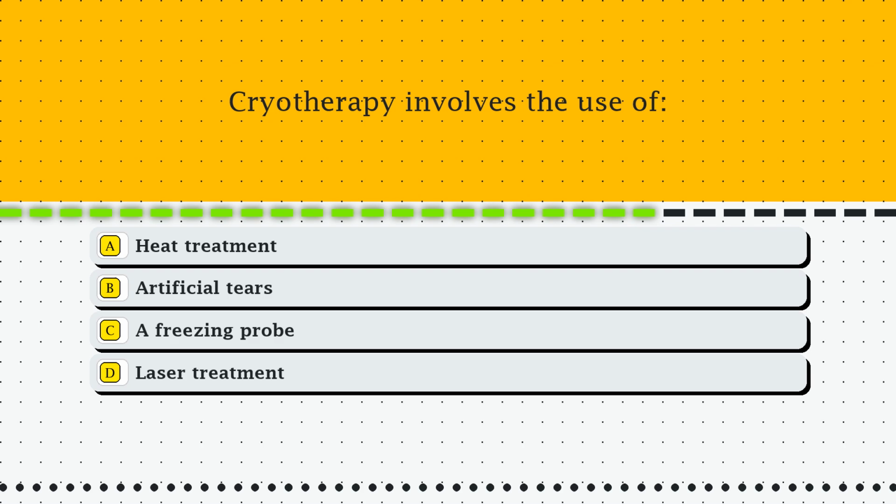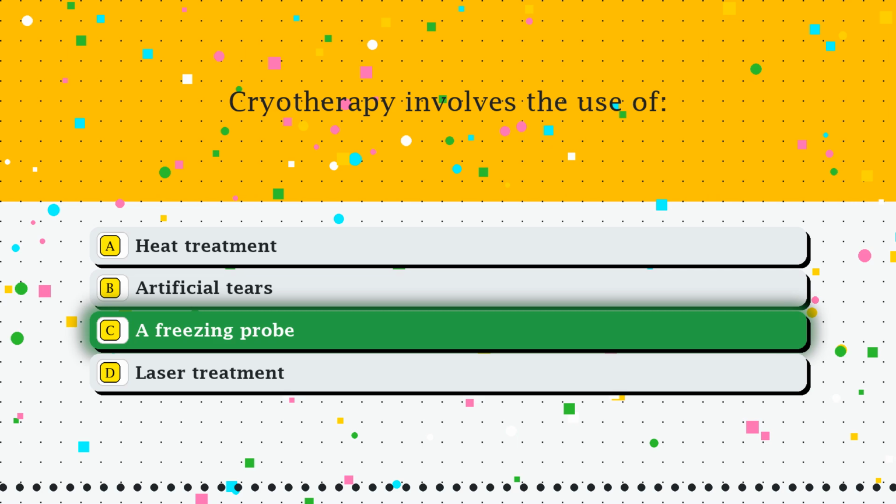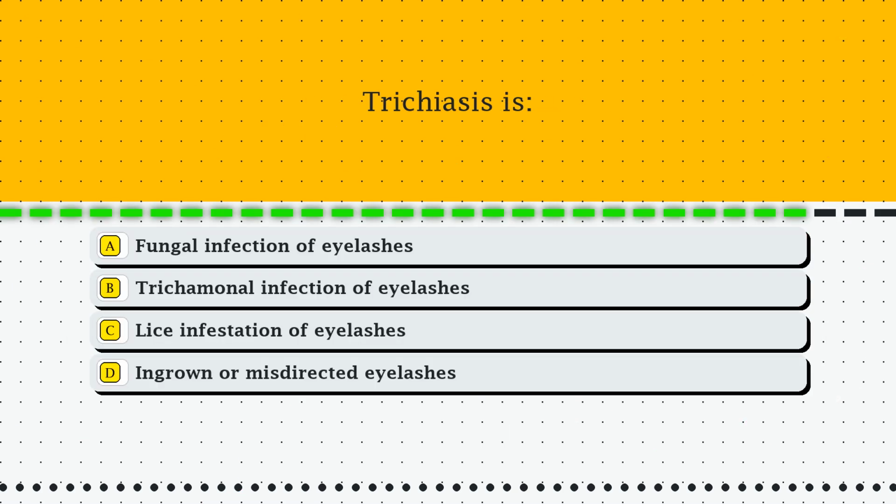Cryotherapy involves the use of option A, a heat treatment, option B, artificial tears, option C, a freezing probe, option D, laser treatment. The correct answer is option C, a freezing probe. Question 158.